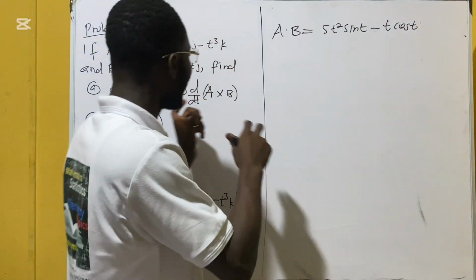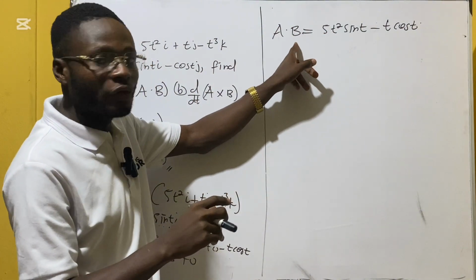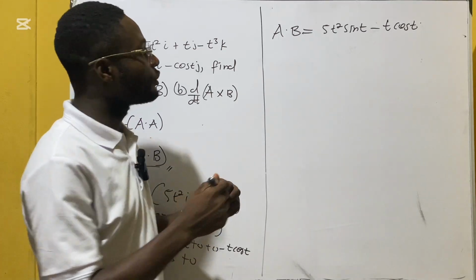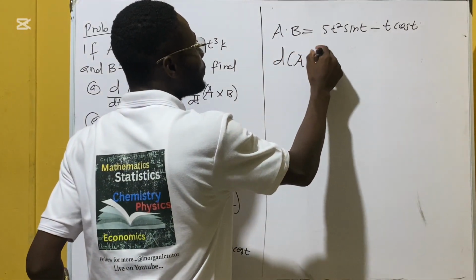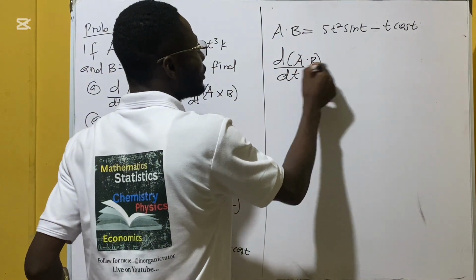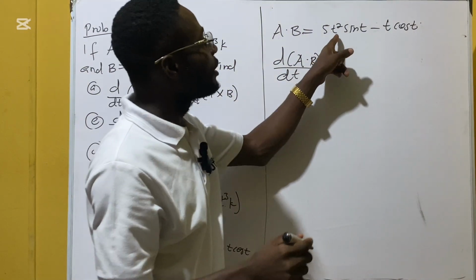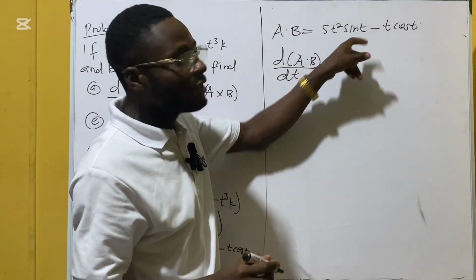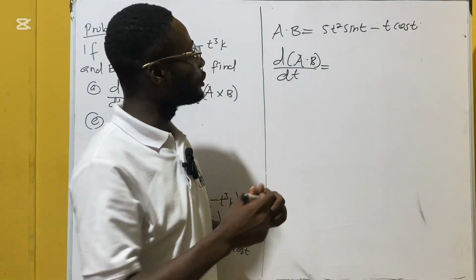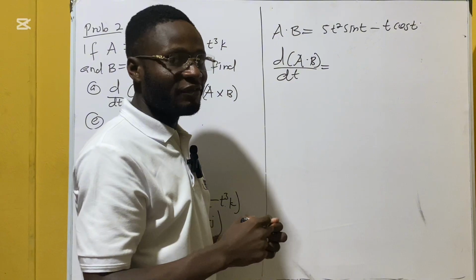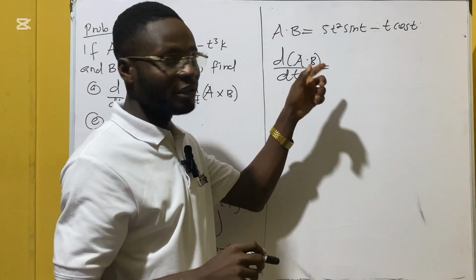So now we can go ahead and find the derivative of A dot B with respect to t. And that is going to be the differential of 5t squared sine t. We have to apply the product rule here. I told you that everything you learned from the basics is applicable here.